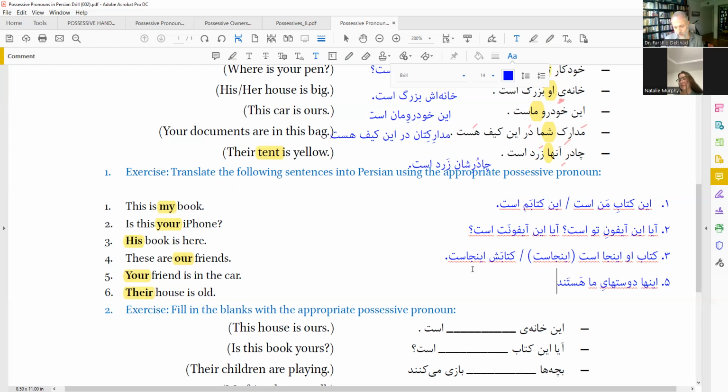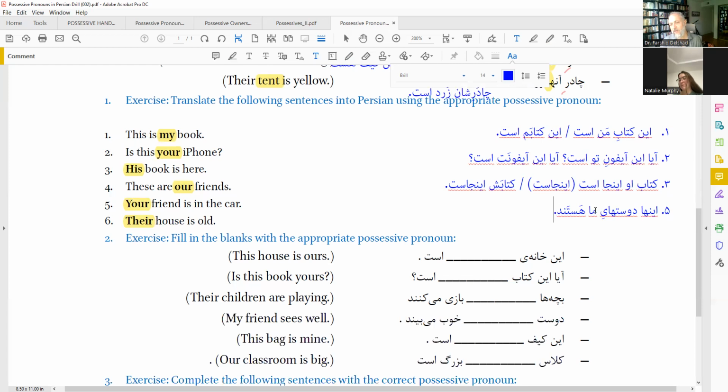اینها دوستای ما هستند. Just to let you know, if your object is a human or animate being, you have also the option to use "an." Say دوستان, and of course with the "a." There are alif and nun instead of "ha."